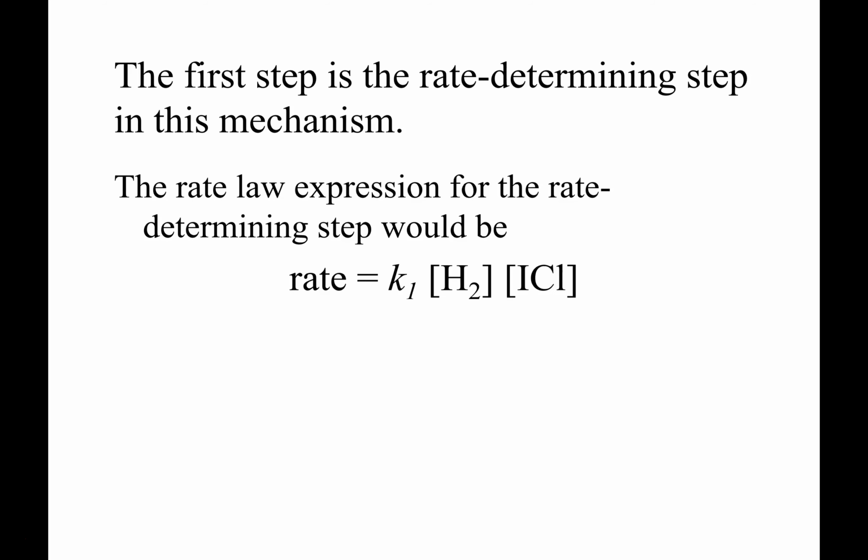If we focus just on that first step, which is rate determining, the first step is slow, and I put a 1 here. And that 1 is to remind me that that's actually a rate from an elementary step. This one is the rate. So, if we pick the slowest one, we know its rate is going to be the rate of the reaction of interest.